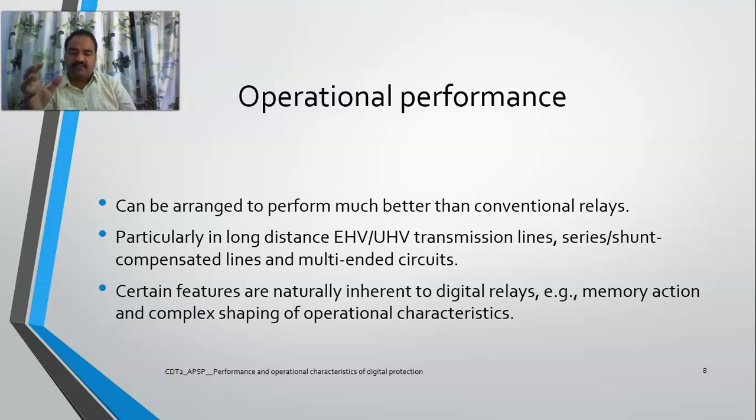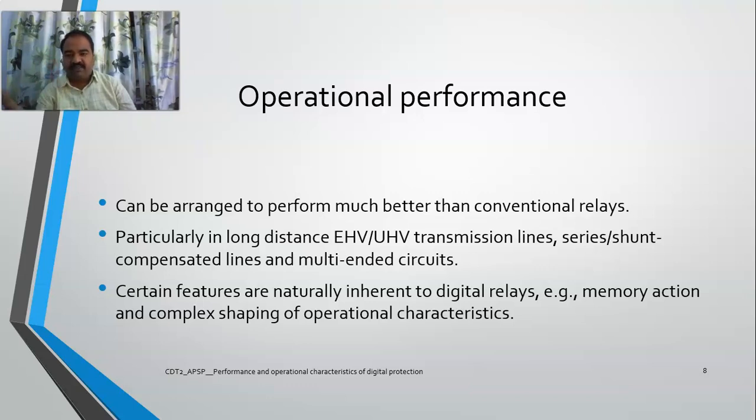For the protection of these lines, digital relays are very suitable because these lines will be operated at very high voltage. They'll be running over very long distances. So it's better if you employ sensors everywhere, measure the parameters, convert them into digital, send to some remote areas, check, and again send it back to the circuit breakers for tripping.